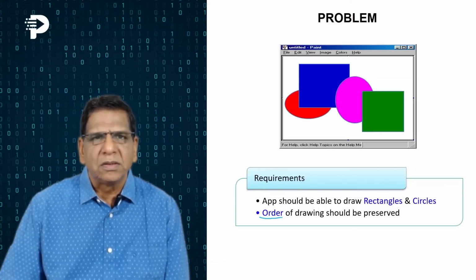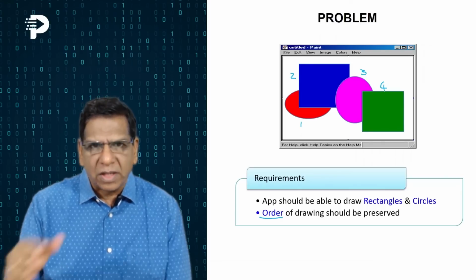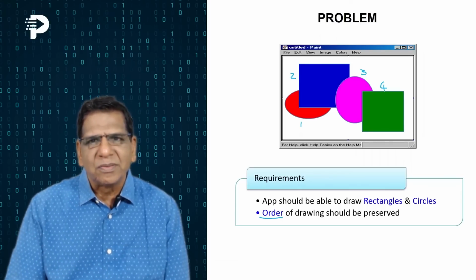What do I mean by this? From the figure you can very well see that firstly this red circle must have been drawn, then a blue rectangle, then the pink circle, and then the green rectangle. That must have been the order, because that is how they have been superimposed.